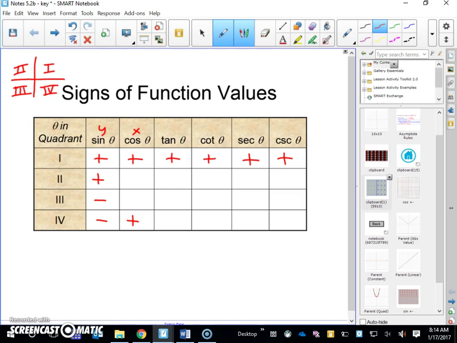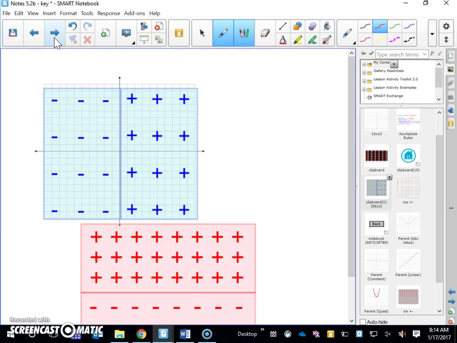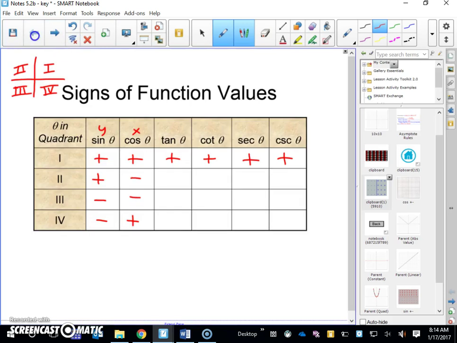Sine goes with y, cosine goes with x. And so, when you're visualizing this, you can see that quadrants 2 and 3 have the negative values for x right there. Everything else, literally everything else, plays off of x and y. Everything else plays off of sine and cosine.